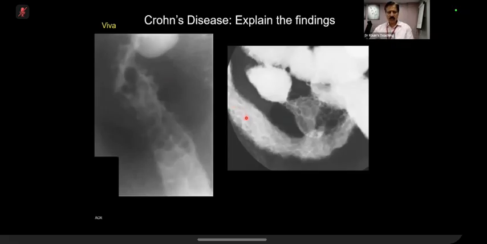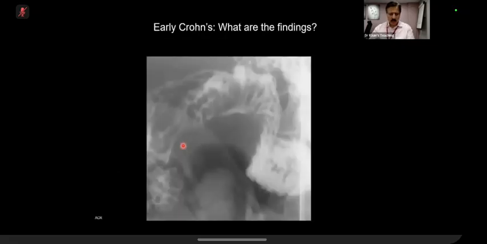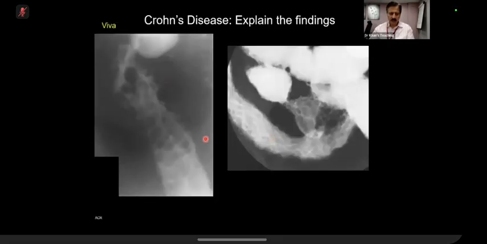Now this is, first of all, if you see, I showed you one ulcer which was what we call a linear ulcer. Now look here, what is happening. There are so many ulcers. This is one ulcer, second ulcer, third ulcer, and with that there is edematous mucosa, gives you this cobblestone appearance.